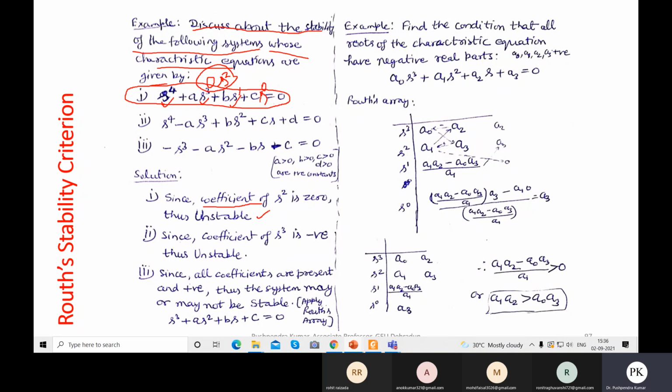It's like an antigen test. If the antigen test is positive, it means you are COVID positive. You don't need to go for RT-PCR. Similarly, if a coefficient is 0, it means the system is unstable. There is no need to go for the Routh's criterion.